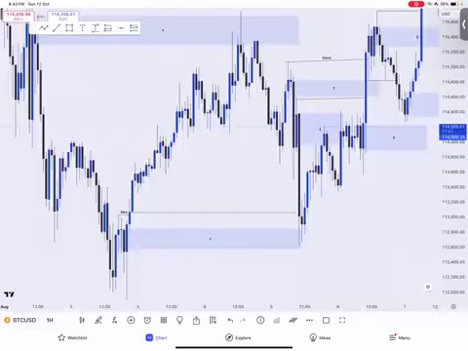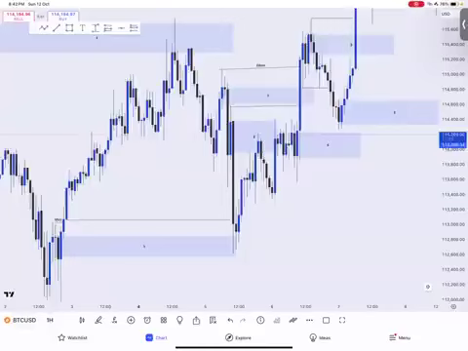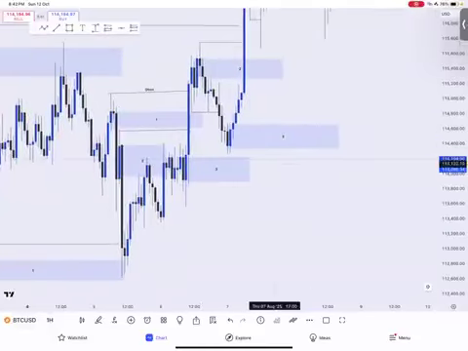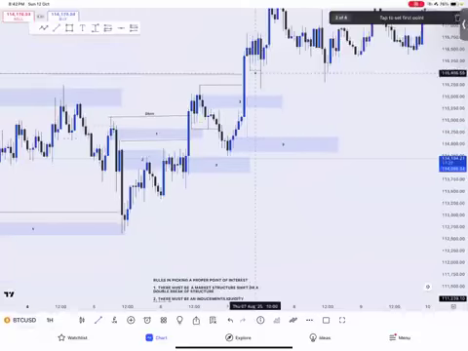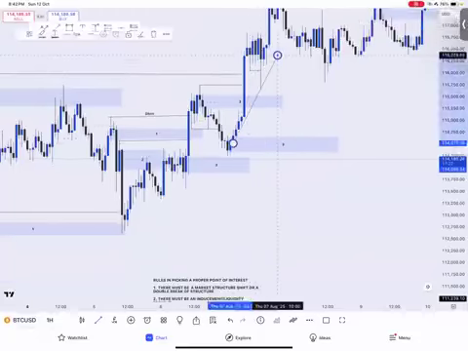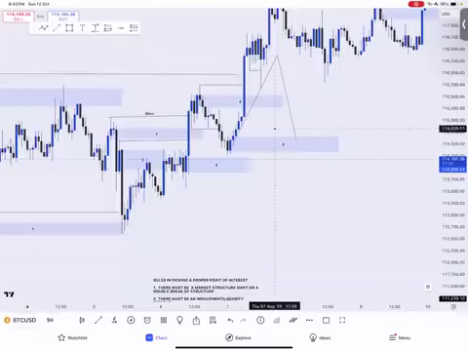You cannot say that a point of interest has been mitigated if it was touched before market gave you a market structure shift. For example, this OB that you are seeing here, simply because this candle touched it does not mean that it's been mitigated. Why? Because it touched it before market gave us our double break of structure. Had it been that market gave us a double break of structure, then came back to touch it, that would mean it's been mitigated.